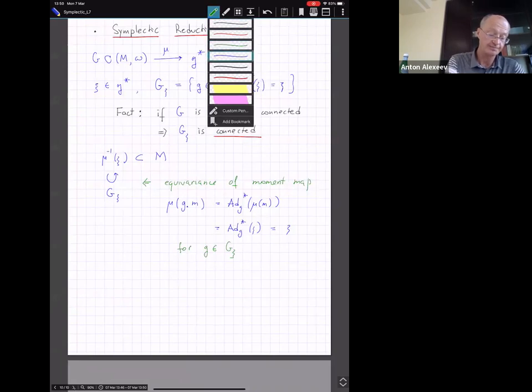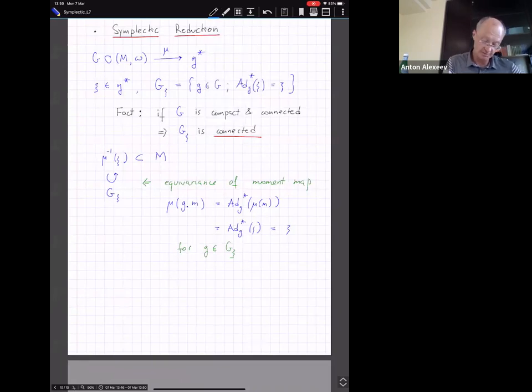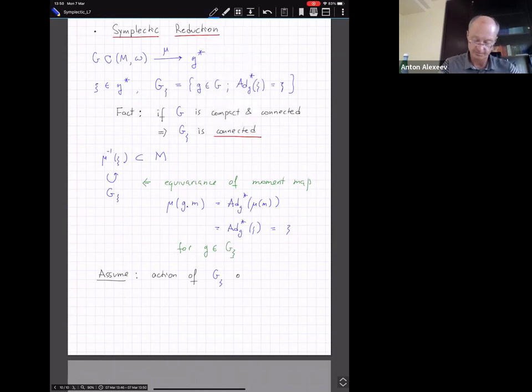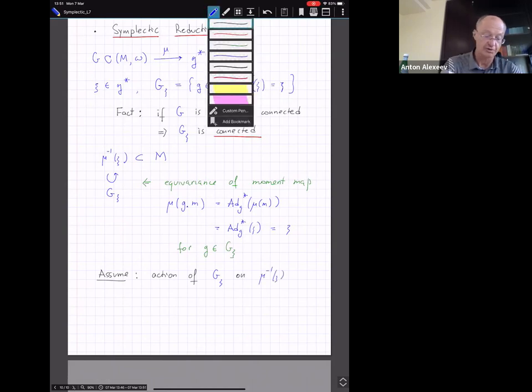Now, let's make the following assumption, and we discuss it in a second. So assume that the action of G psi on the fiber is free.